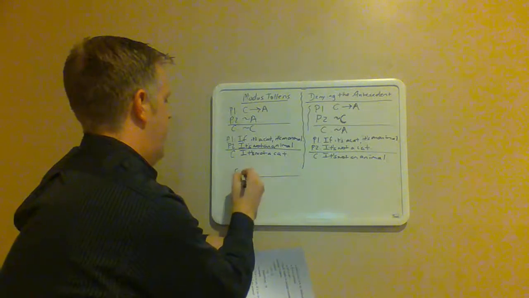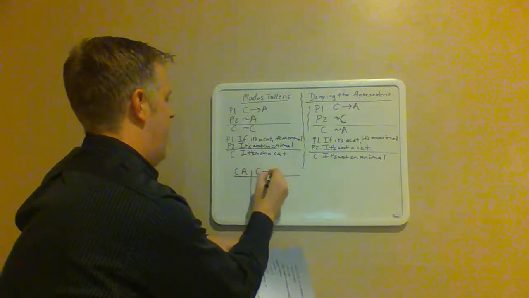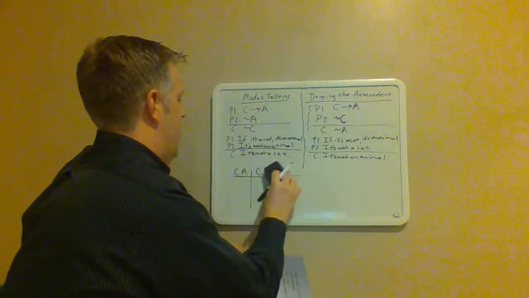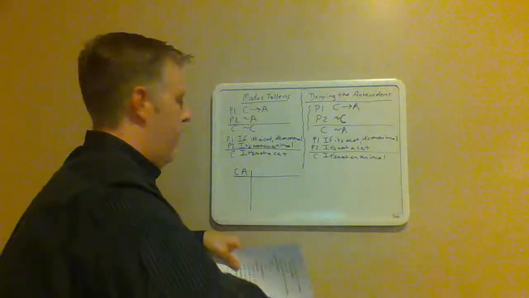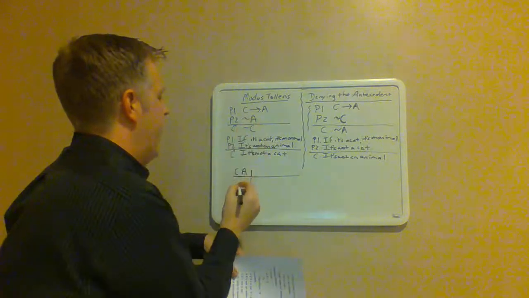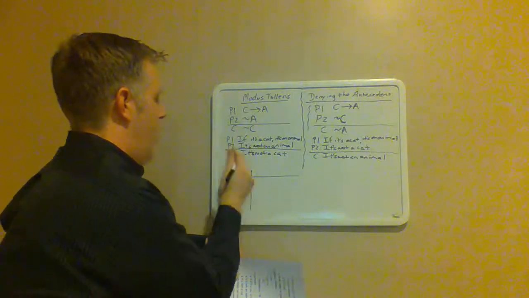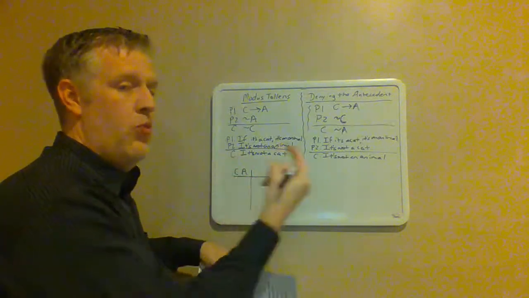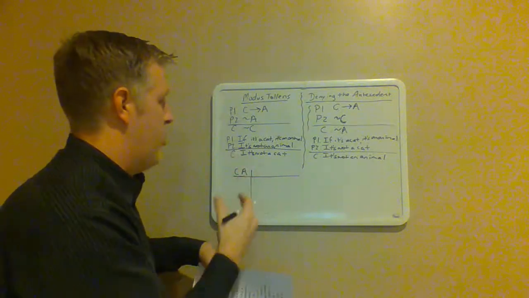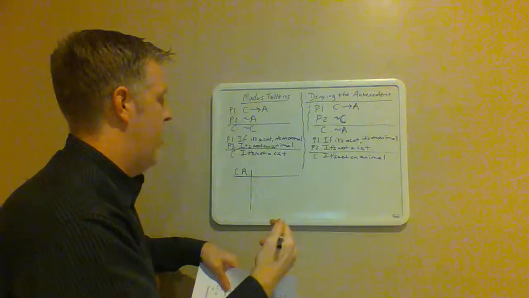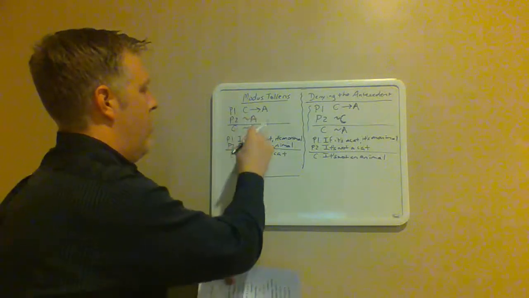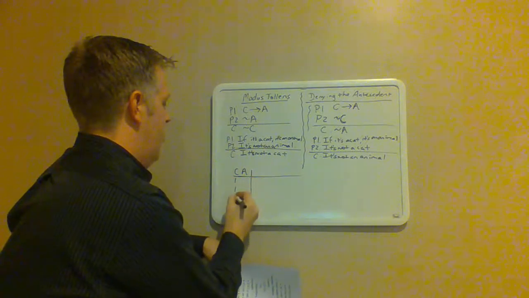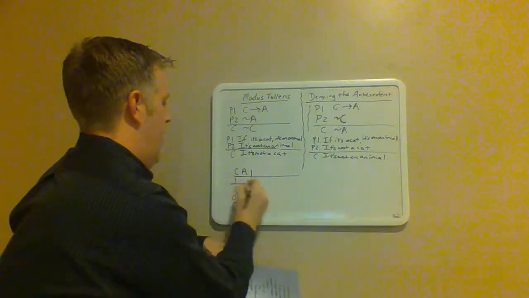So C A, if C then A. These are a little bit more involved, if you notice, because we also have negations. So our reference columns plus one other column isn't going to be enough. We're actually going to have more columns in these truth tables in order to depict all the premises and the conclusion. So we'll start again, as usual, true, true, false, false.